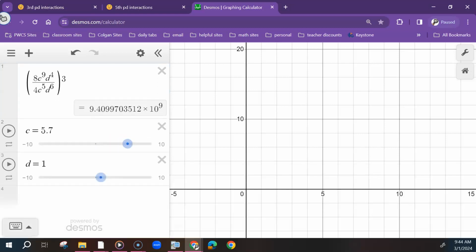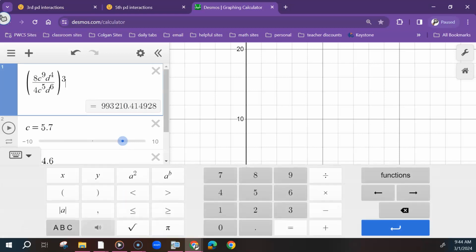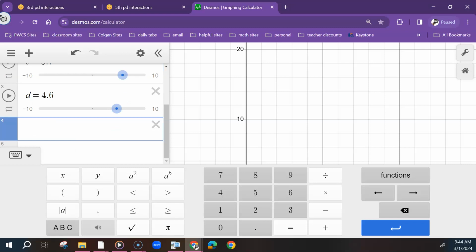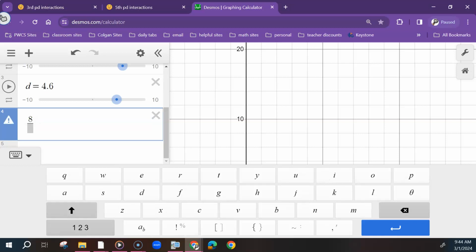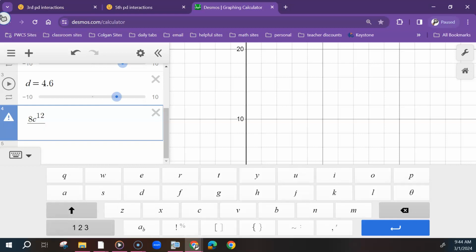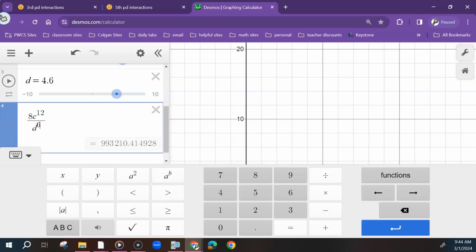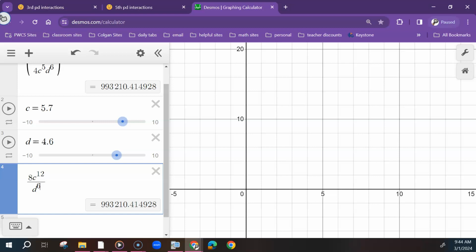Change them to some positive number, just because negatives get weird if you have even bases. We don't want to have to worry about any of those. Change them to just something different. And then put in your answer. So we got 8c to the 12th over d to the 6th. And if your decimals are the same, you know you did that right. So you can't really do this in Desmos, but it's a good way to check yourself.